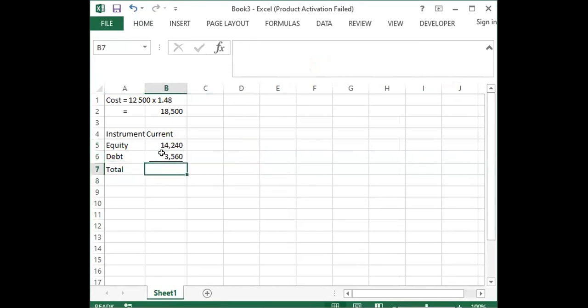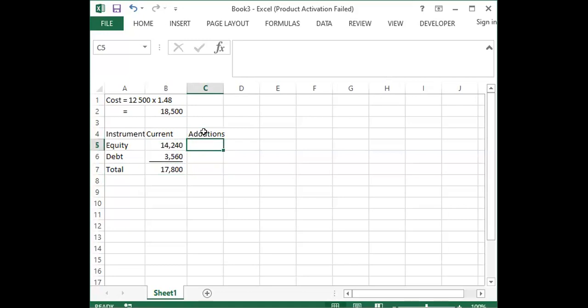If you like, you could as well calculate the current structure, but it's not that necessary. You are going to be interested in the additions here. But what are these additions? Additions is the money that we need to raise, the funds that we need to raise.